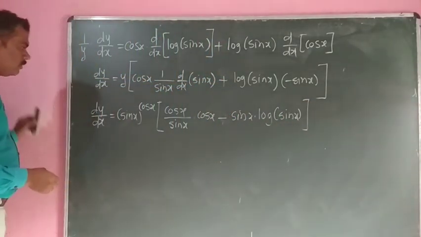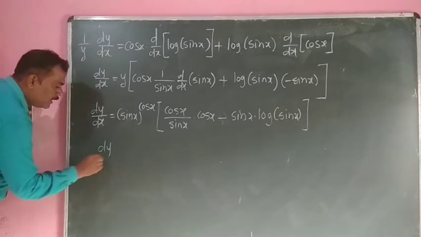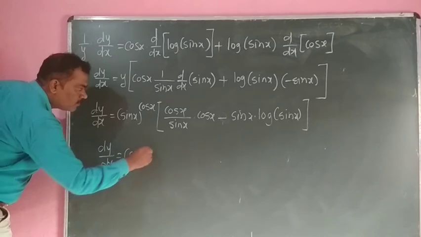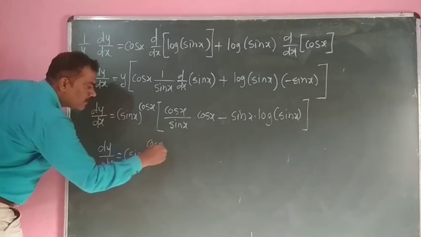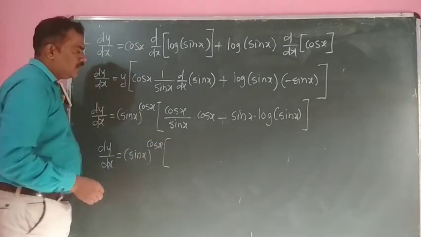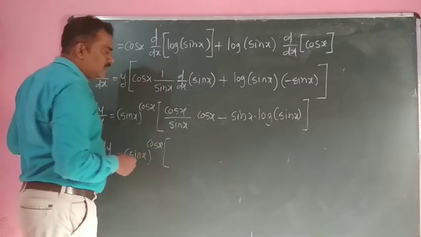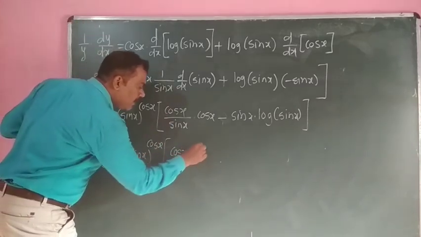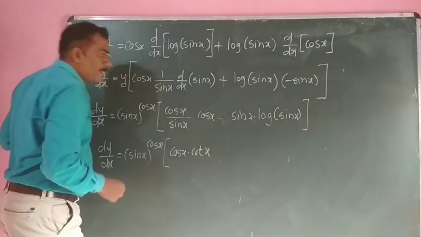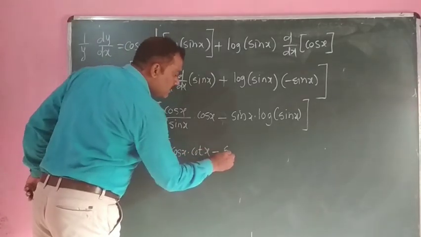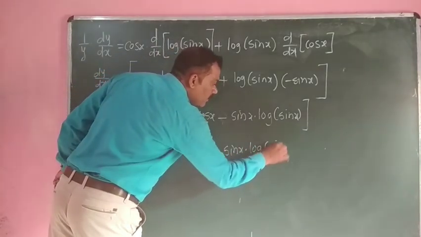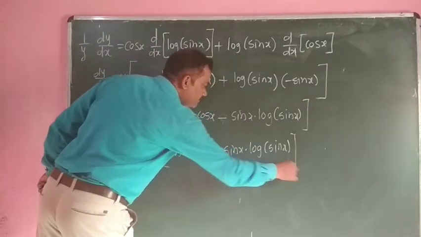So that what we have to write, dy by dx is equal to sin x raised to cos x into cos x upon sin x is nothing but cot x, that is cos of x into cot x minus sin x into log of sin x.